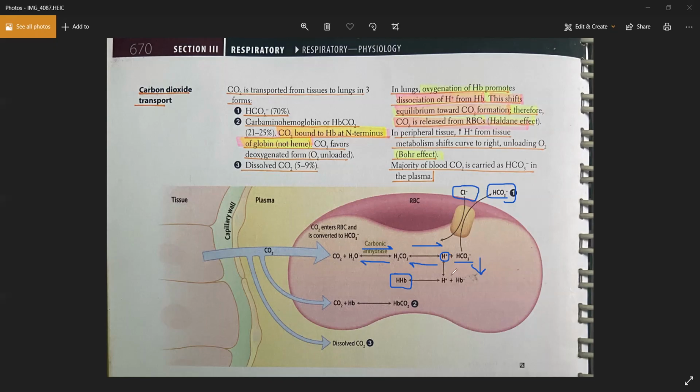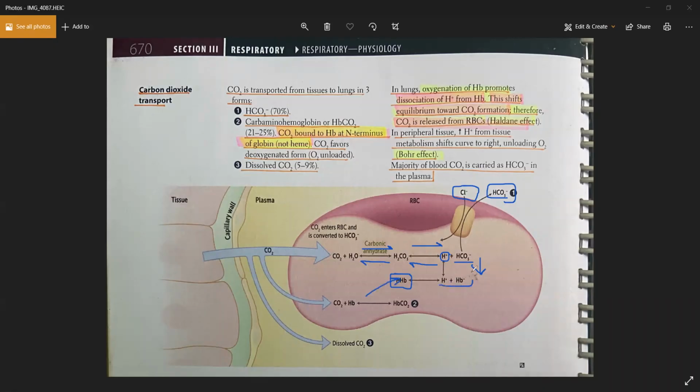Now, in the lungs, the opposite happens. Because you have more of a basic environment there, the bicarbonate will be shifted inwards and the chloride will be shifted outwards. Because oxygen is present, this oxygen will cause a dissociation of the H plus from the hemoglobin.